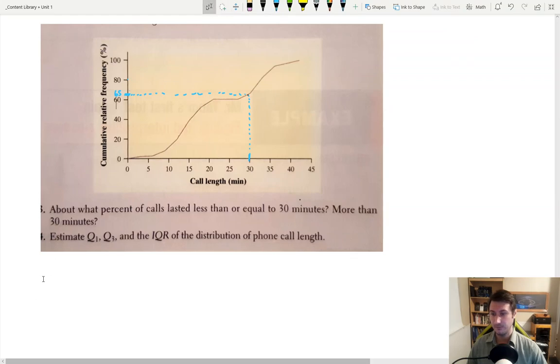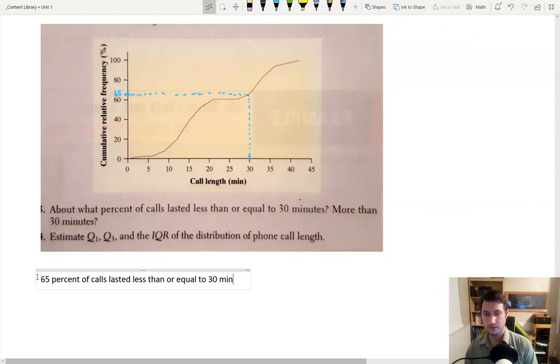I'll write that out. Another way of saying that: a 30-minute call is at the 65th percentile for call length.